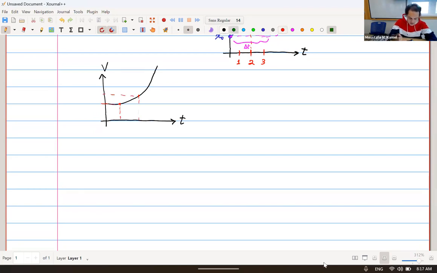And again, if I wanted to get the acceleration, the instantaneous acceleration at a point, let's say this point in time, then we draw a tangent, and the slope of this tangent is the acceleration. So the slope of a velocity versus time graph is delta v over delta t, rise over run, and this is the acceleration. Okay. This is what we did last time.